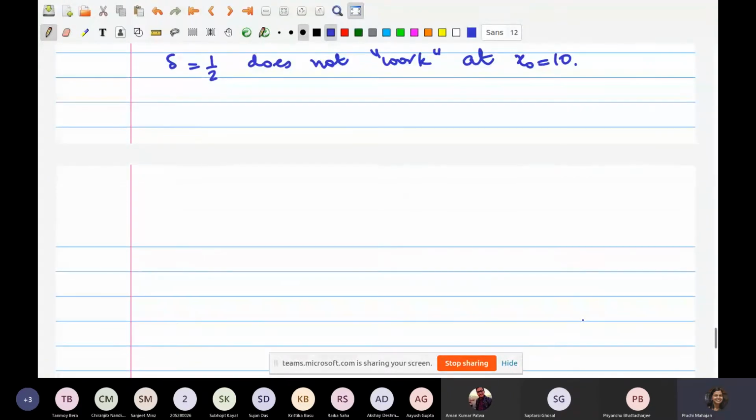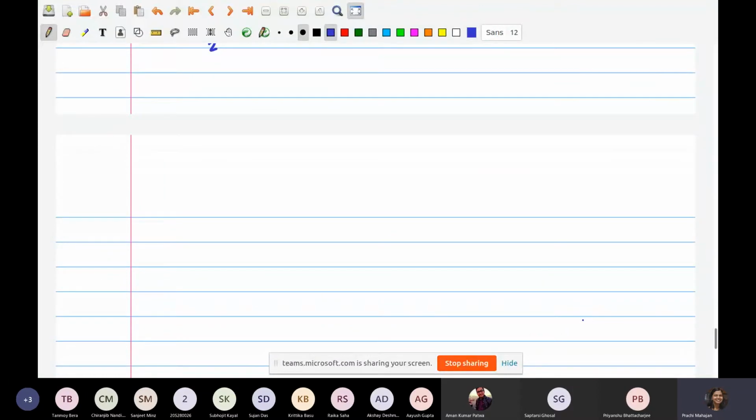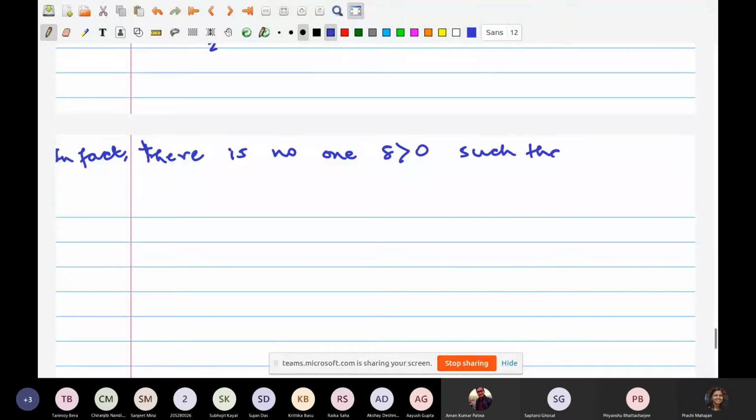So what is it that I want to make? By this example, I want to emphasize the following fact. There is no single positive delta such that the statement star, let me write down the statement one more time.